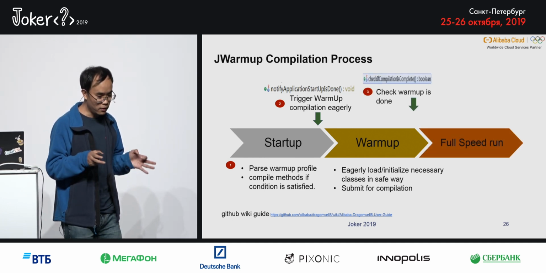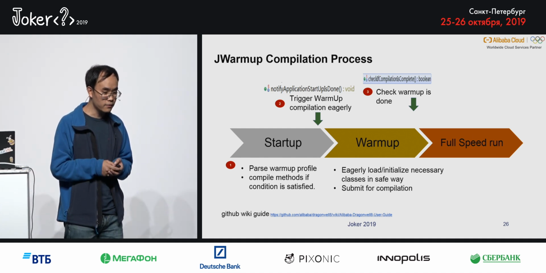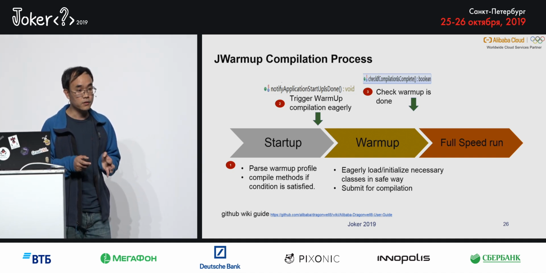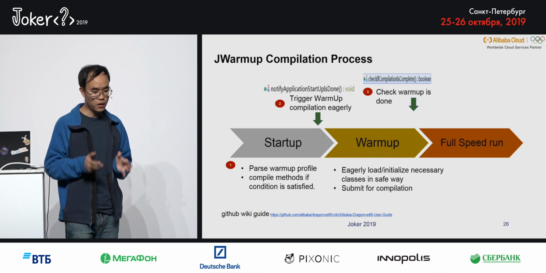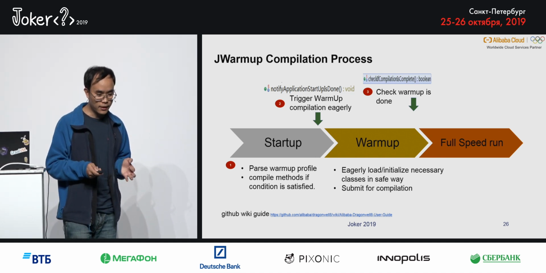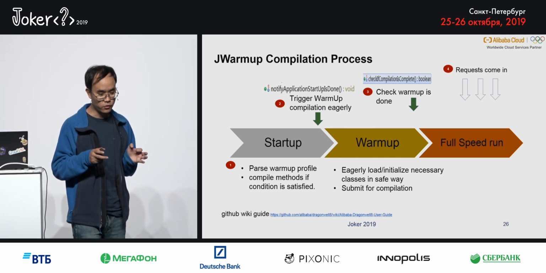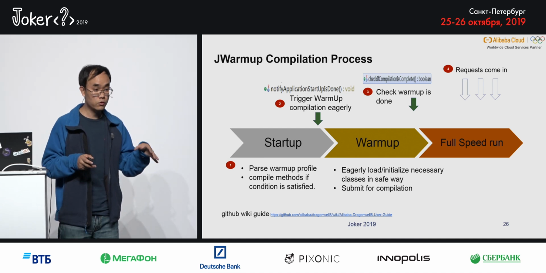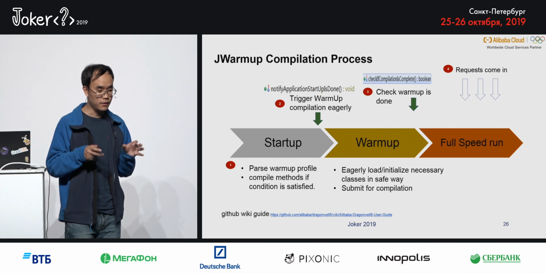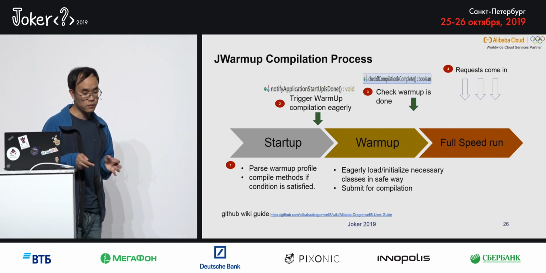When step 1 and step 2 are done, almost all your hot methods from the previous run have been compiled. You can check that warm-up is done, then the application owner or DevOps can send real requests to this instance, because at this time, the instance is ready to serve requests.